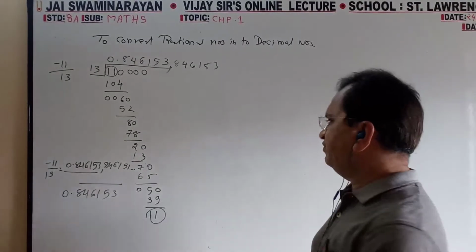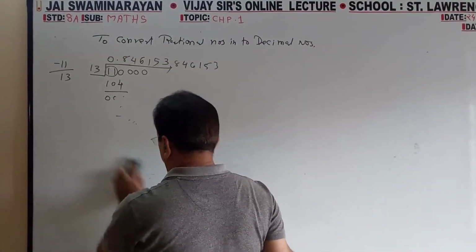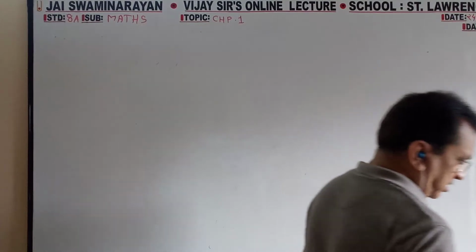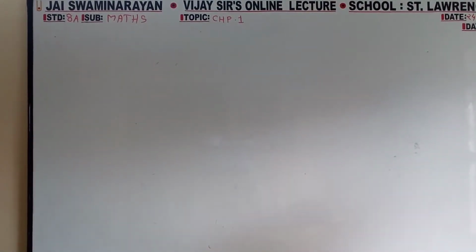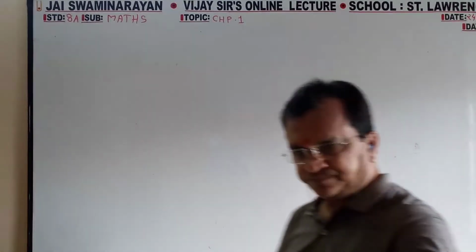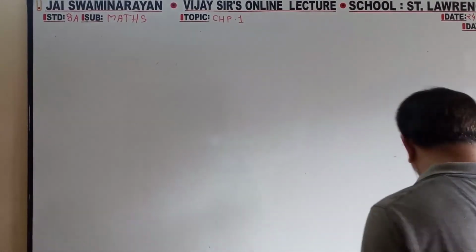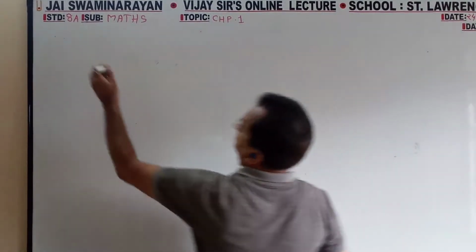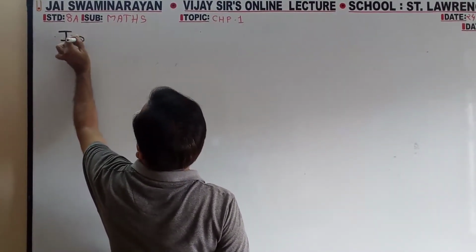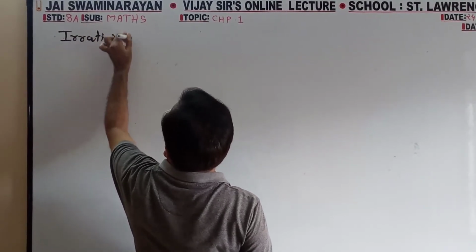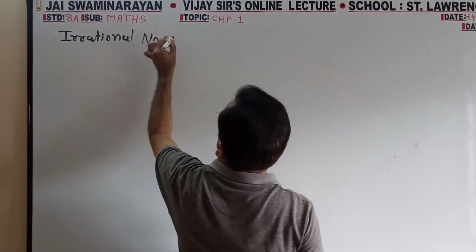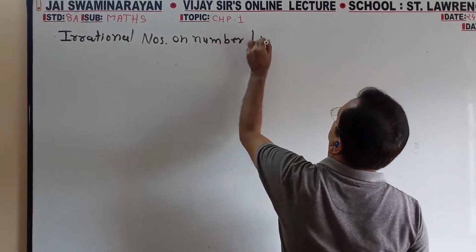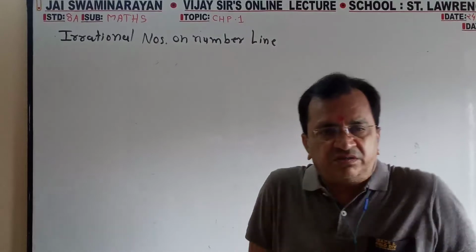Okay, now a very important part: how to show a number on a number line, especially an irrational number on a number line.